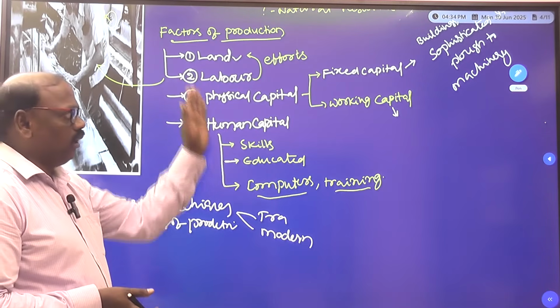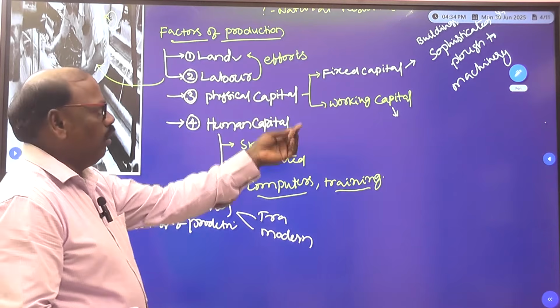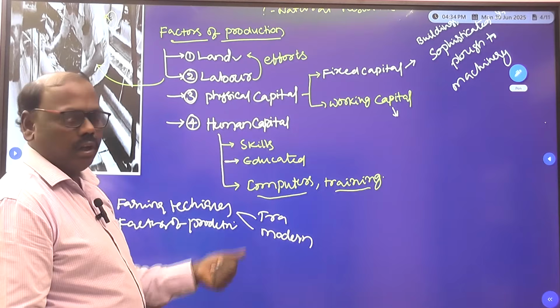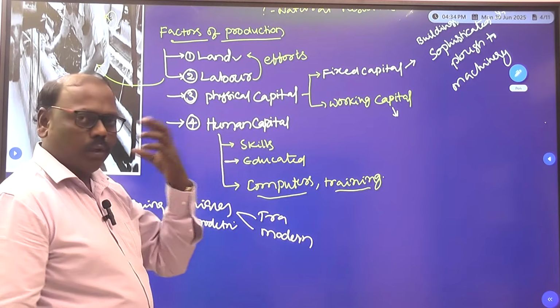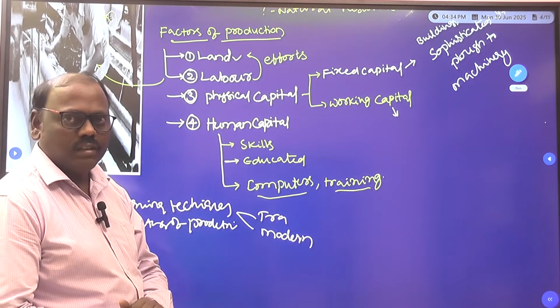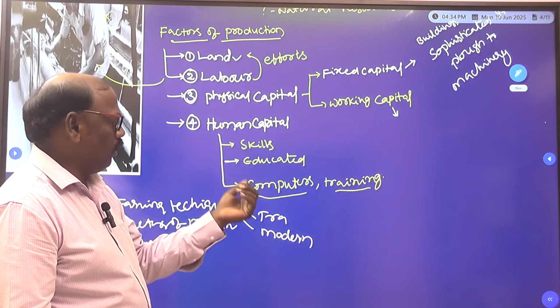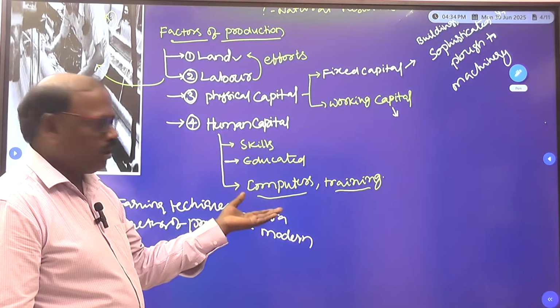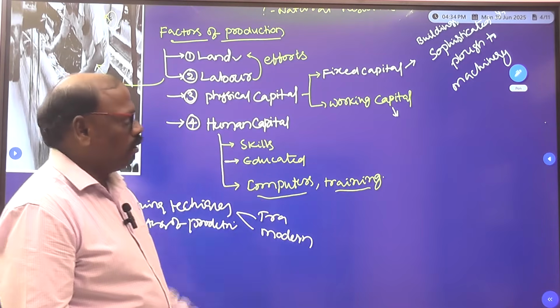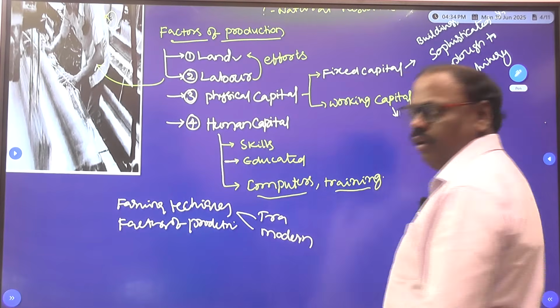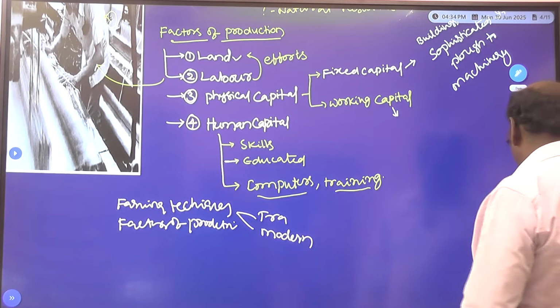Fixed capital and working capital, mixed together, we call physical capital, and human capital, where people use their skills to train somebody towards education, giving training in computers to the village people. Next, we'll see what is happening in the village of Palampur.